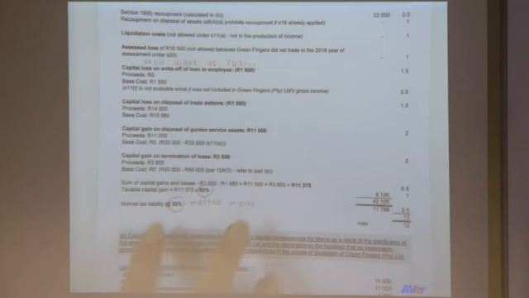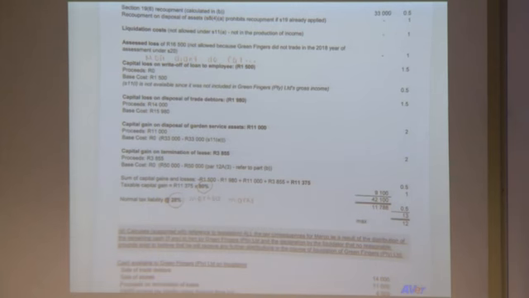Then you got 0.5 mark for summing up the total capital gains and losses and multiplying it by 80%, because Green Fingers is a company, so their CGT inclusion rate is 80%. That was 1 mark just for using the correct percentage. So before your test, revise those little percentages if you are not sure of them.